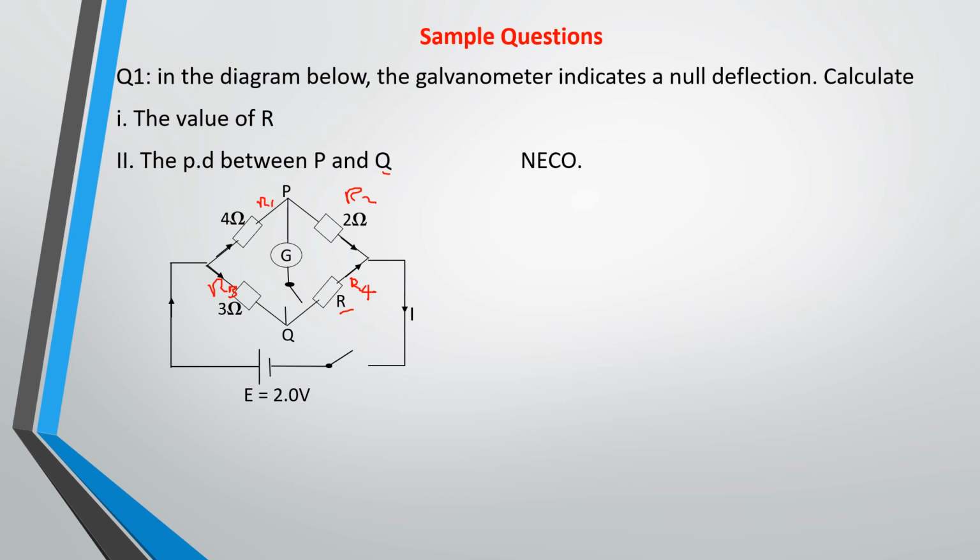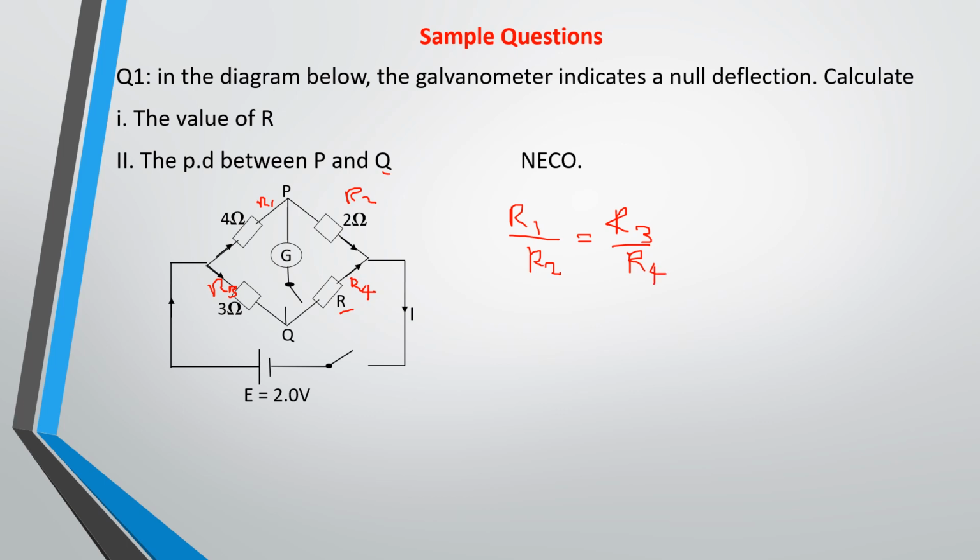So now we can write our equation. We can put down our formula: R1 over R2 is equal to R3 over R4.